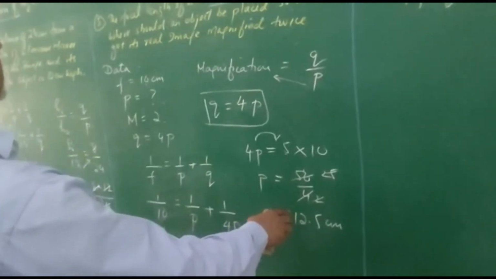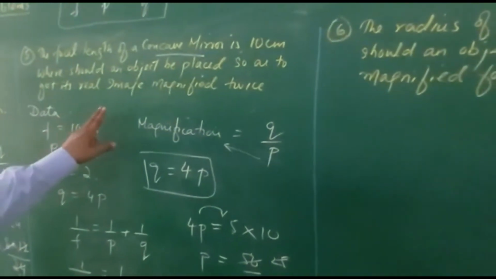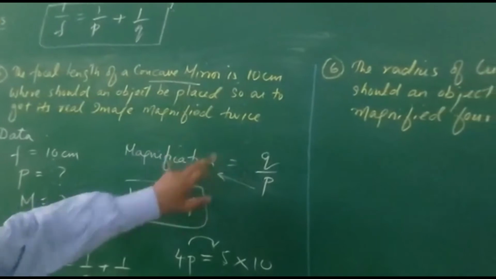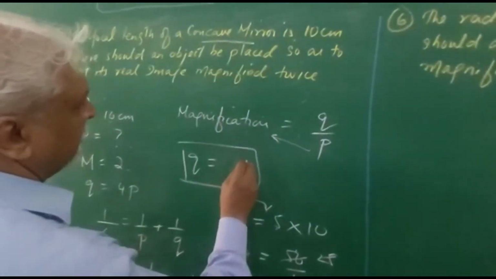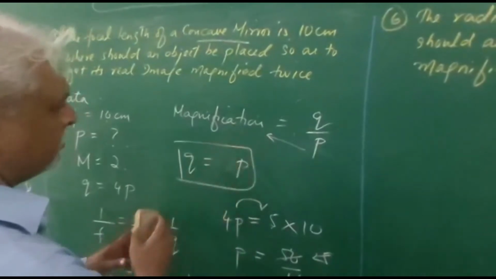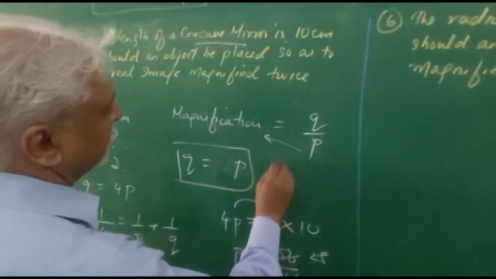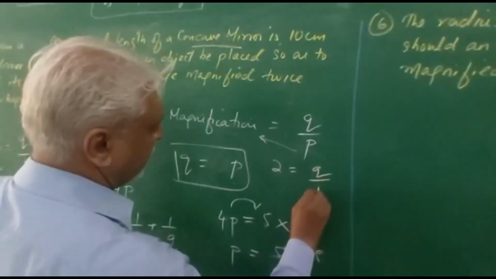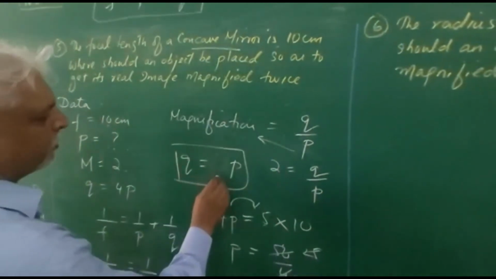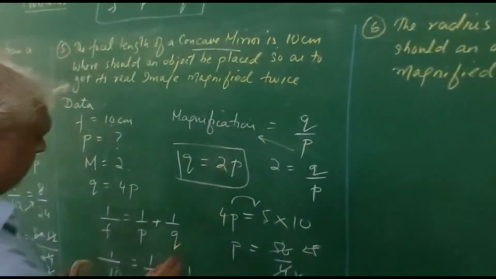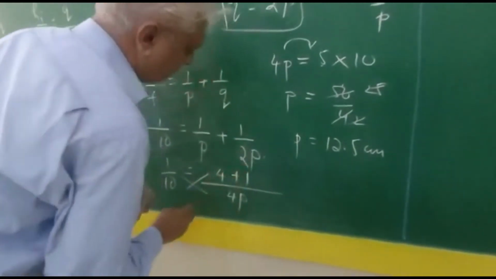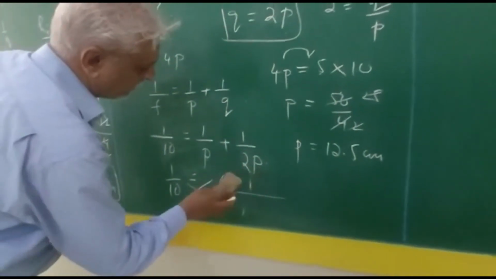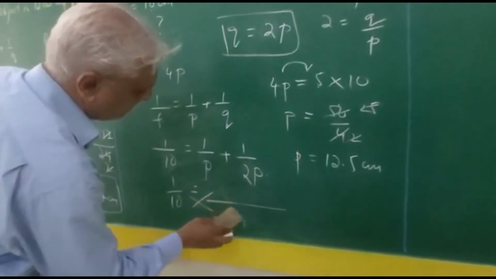Magnified twice. Magnification is twice, so I'll have to put this as 2 times. Magnification is twice, so 2 is equal to q upon p. You cross multiply, q is equal to 2p. And this will become 2p as your LCM.